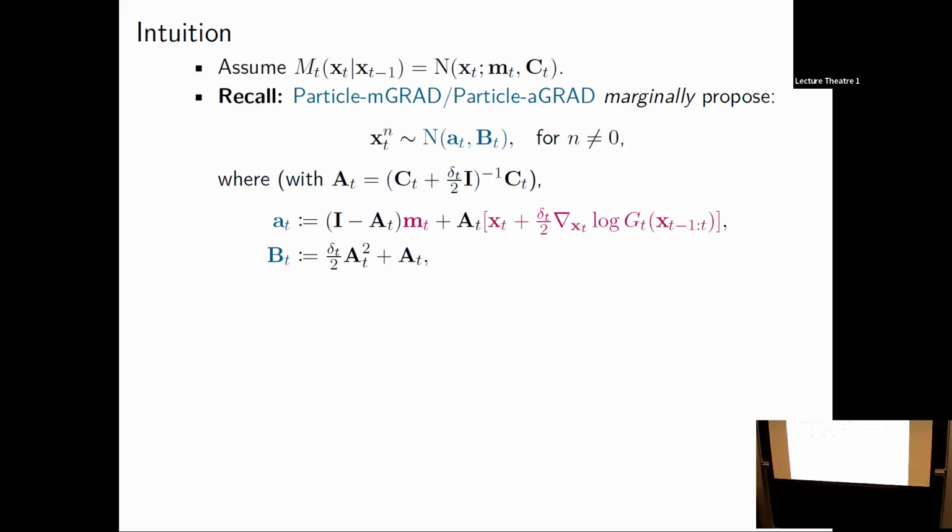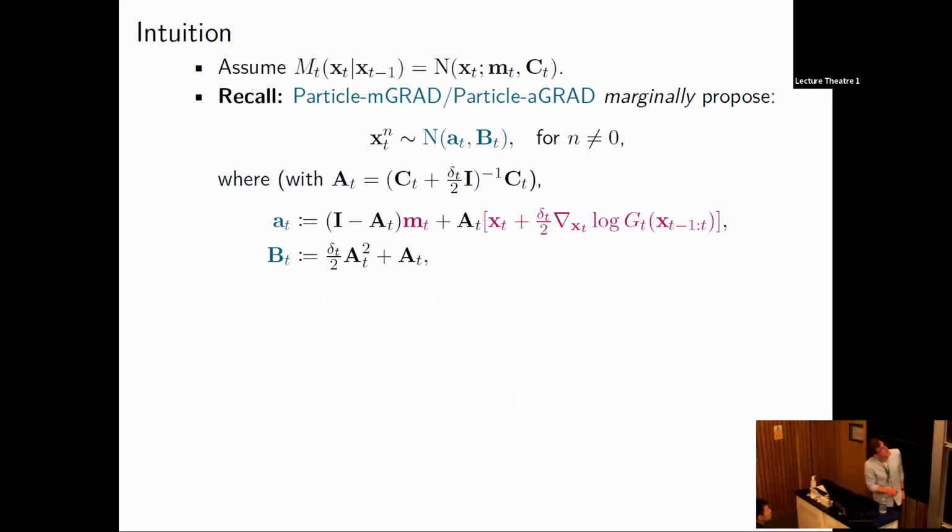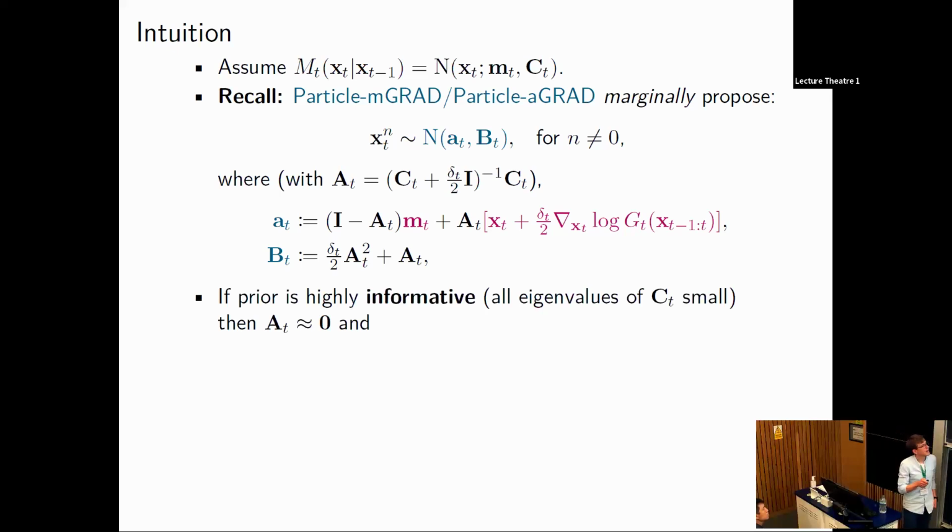To remind you, the particle mGRAD and aGRAD propose particles marginally from a normal distribution with a certain mean and a certain variance. And the mean again has this nice interpretation as being some kind of a mixture of the prior mean and of a local gradient type. It turns out that if your prior is highly informative, so if all the eigenvalues of C are small, so if the prior variance is really, really small, then your target distribution is dominated by the prior.